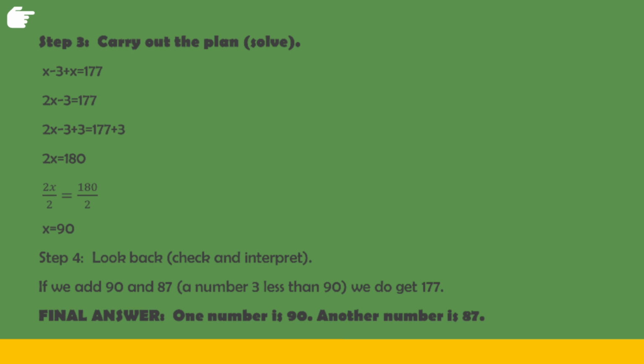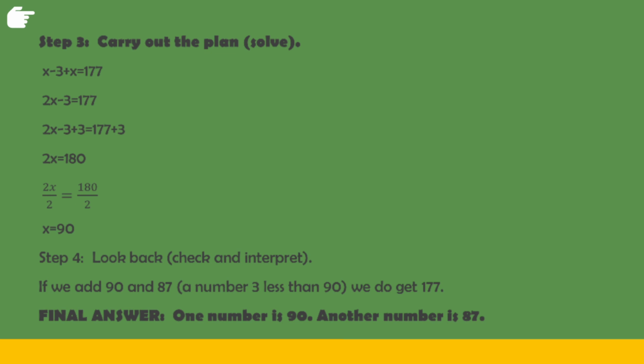So we have two options in order to do that. First, you can add 3 to both sides of the equation to eliminate negative 3 on the left side. Just like this, 2x minus 3 plus 3 is equal to 177 plus 3. Or the second option is you can proceed to the transposition method.